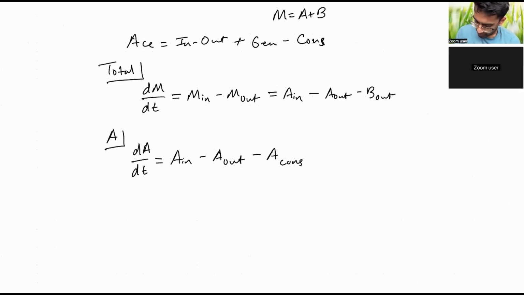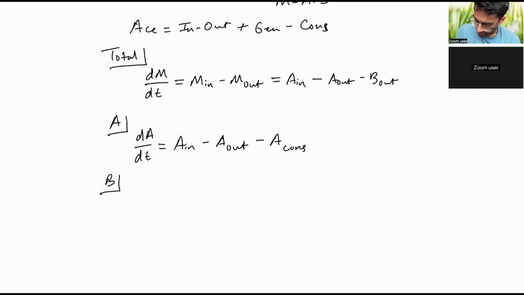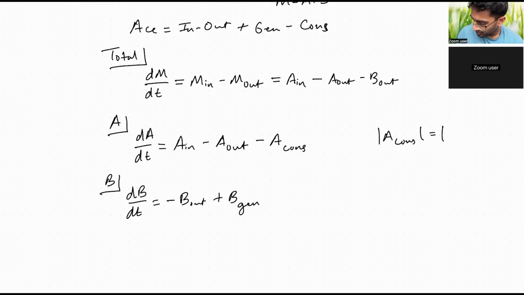And likewise dB/dt is equal to B in, which is 0, so we can get rid of that actually. So minus B out plus the generation term, B generation. And we know that A consumption equals B generation.